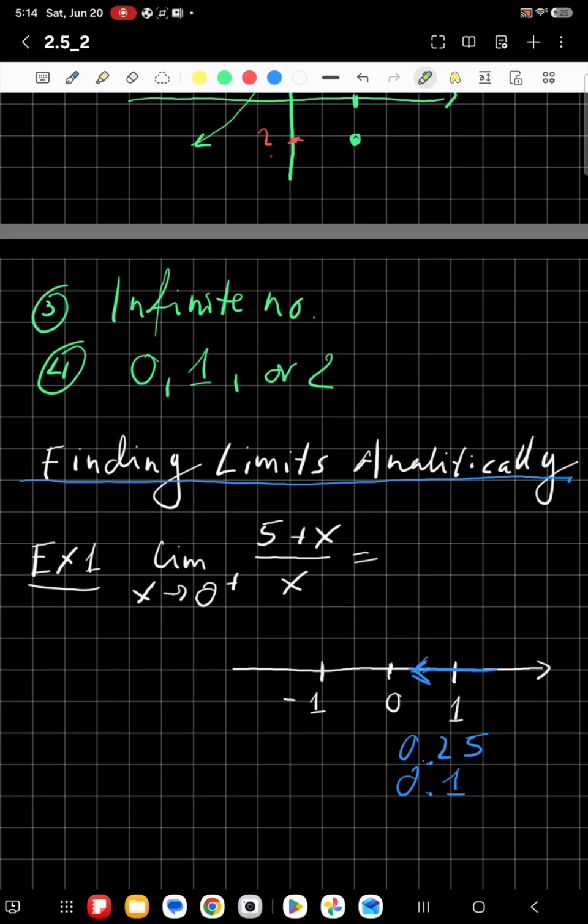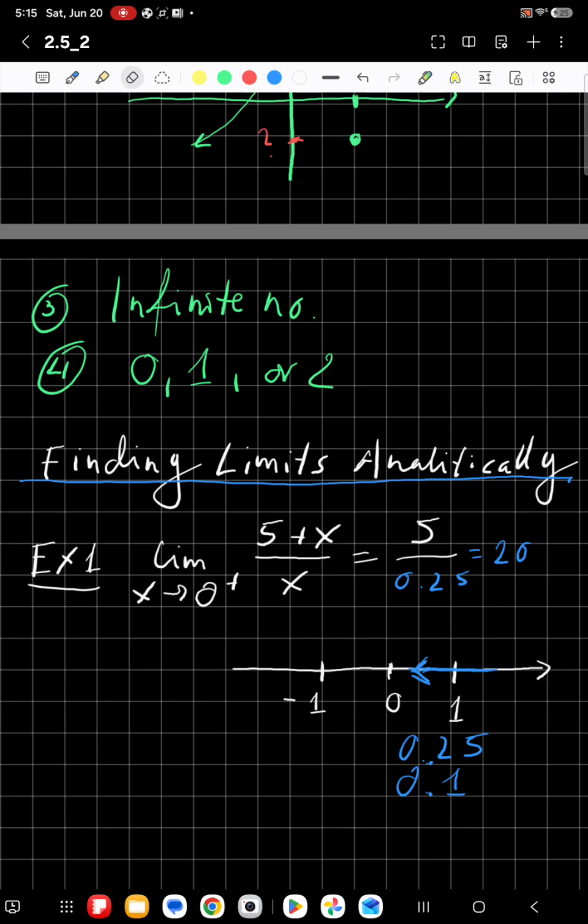So if we do that, what I get on top is 5, and then I have that 0.25, my first number. If we divide, I'm getting maybe 20? I don't have a calculator. I'm dividing by 1/4, so it's multiplying by 4. Okay, so let me erase this.